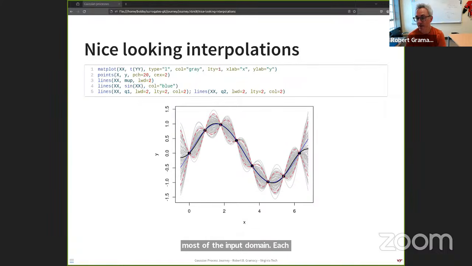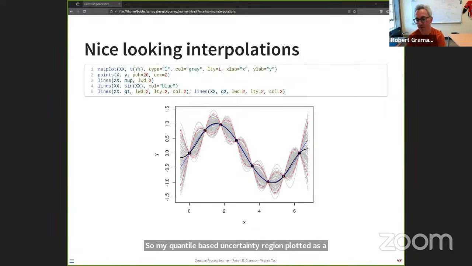Each one of the gray lines is one random draw from the testing multivariate normal distribution. So each one of those explains the training data locations. And the red dashed lines are my error bars. So my quantile-based uncertainty region plotted as a function of my inputs x.